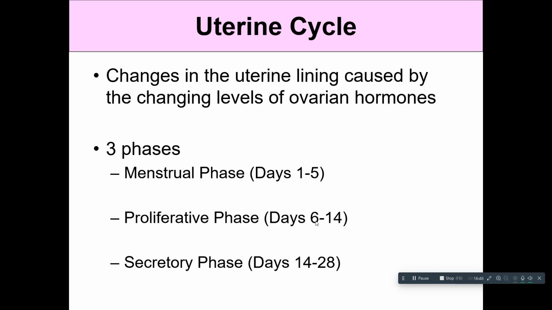And again, our days here are not absolute. Of course, individuals certainly vary. The 3 phases are days 1 through 5, the menstrual phase, days 6 to 14, the proliferative phase, and days 14 to 28, the secretory phase.